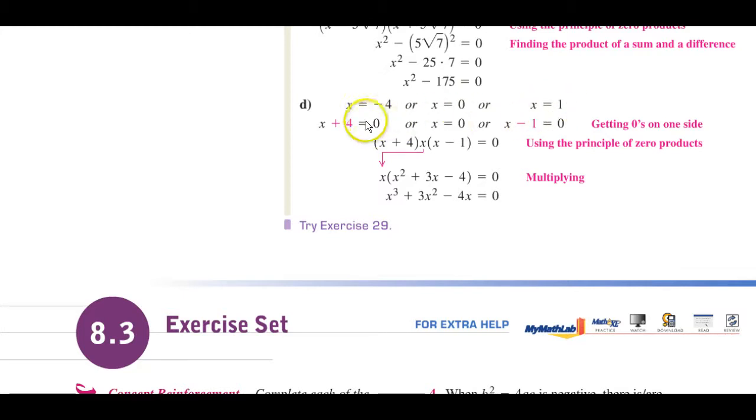So basically, you're going to place each of your solutions in this sort of system, working backwards, or from a -4, it would become a +4. 0 just stays 0, and this +1 becomes a -1. So this is what you have.